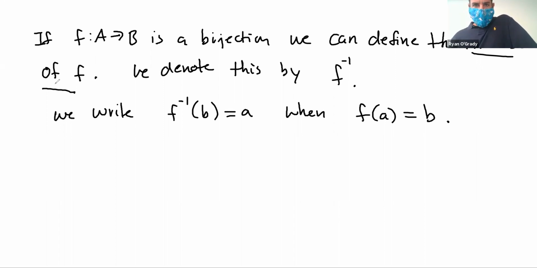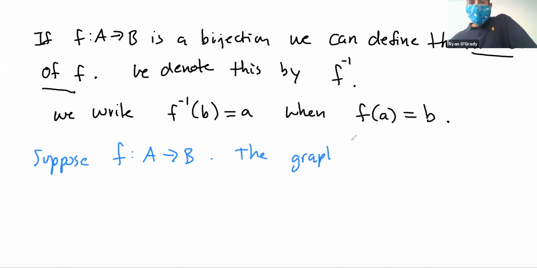All right, so let's do another familiar sort of idea, but we're going to define it officially now. Suppose f is a function from A to B. The graph of f. So you guys have been graphing for a long time now, but we're officially defining what a graph is.